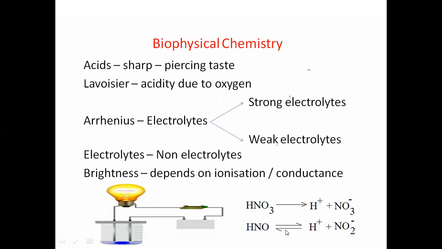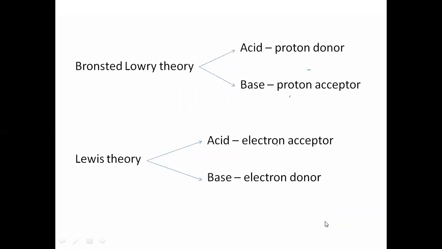So HNO2 gives H plus and NO2 minus. An equilibrium sign is there, which means that dissociation and association are taking place simultaneously. That is about the weak electrolyte.